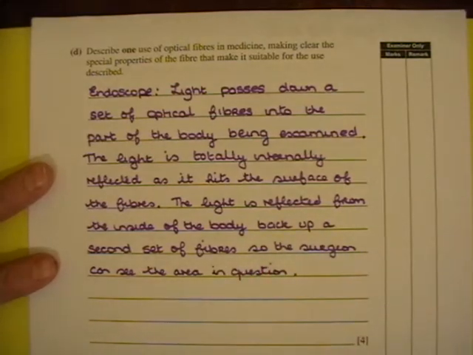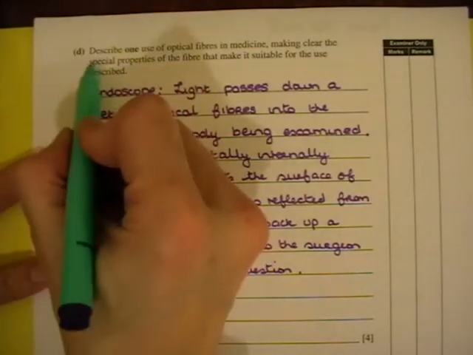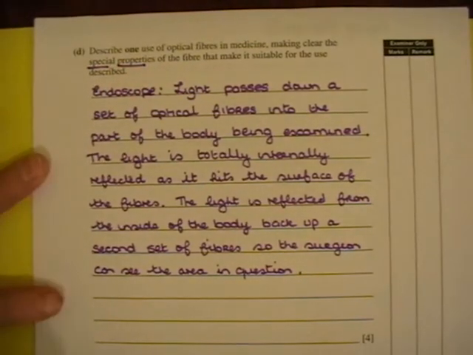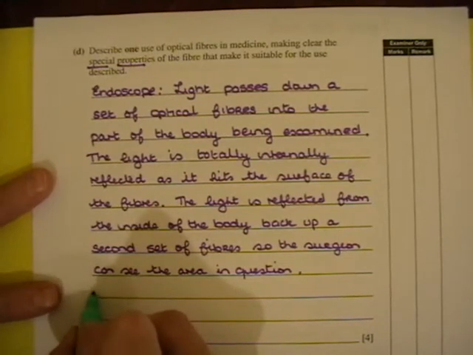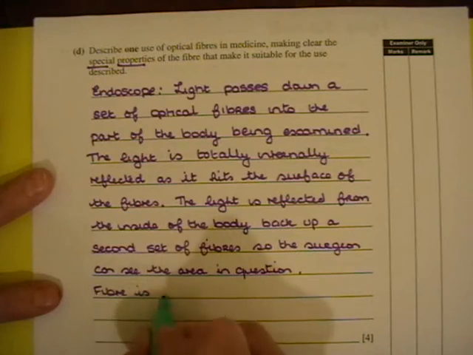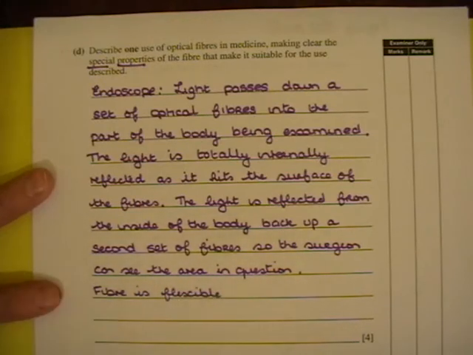And why does this work so well? Well, it says making clear the special properties of the fibre, so there's going to be a mark for that. So the special properties of the fibre is flexible, and that's a really big thing, because the problem with light is that light travels in straight lines and it can't bend around corners.